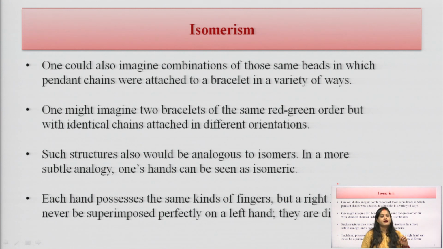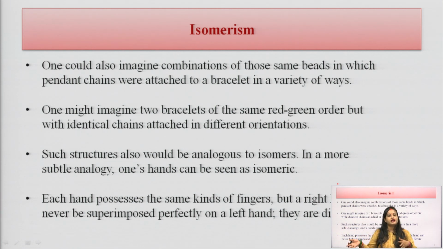One could also imagine combinations of those same beads in which pendant chains were attached to a bracelet in a variety of ways. ये एग्जाम्पल के तौर पे बता रहे हैं कि जब उनको पेंडेंट चेन में अटैच कराएंगे, तो वो डिफरेंट स्ट्रक्चर में आ जाएंगे। इसी तरह कंपाउंड की बात होती है। सेम नंबर हैं, सारी चीज़ें सेम हैं, लेकिन अगर उनको अरेंज करेंगे तो वो डिफरेंट वे में आएंगे और उनकी नेमिंग भी डिफरेंट हो जाएगी.